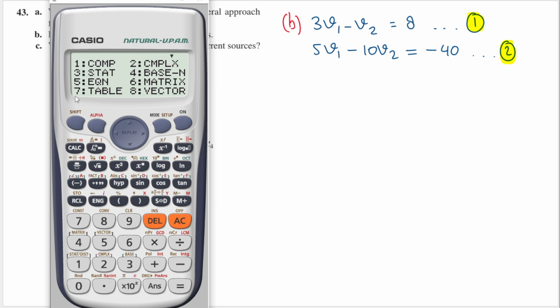Let's use our calculator as an equation solver, which is number 5, with two variables, number 1, and plug that in. I'll have 3, minus 1, and 8, and then 5, minus 10, and minus 40.